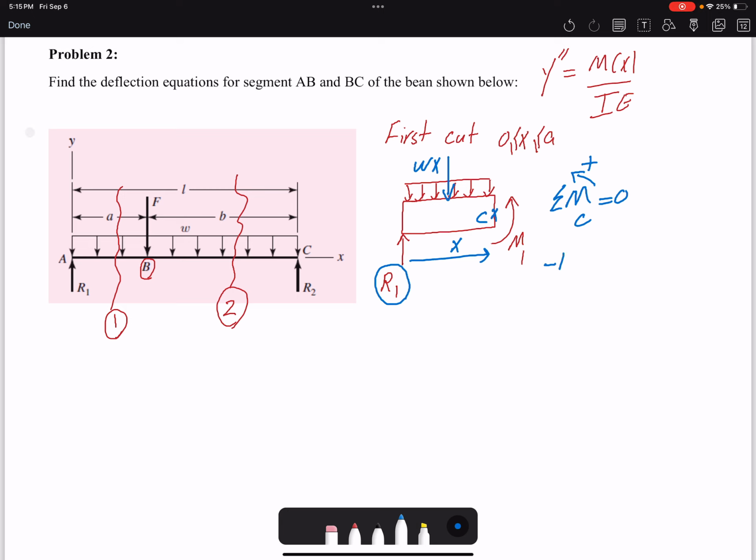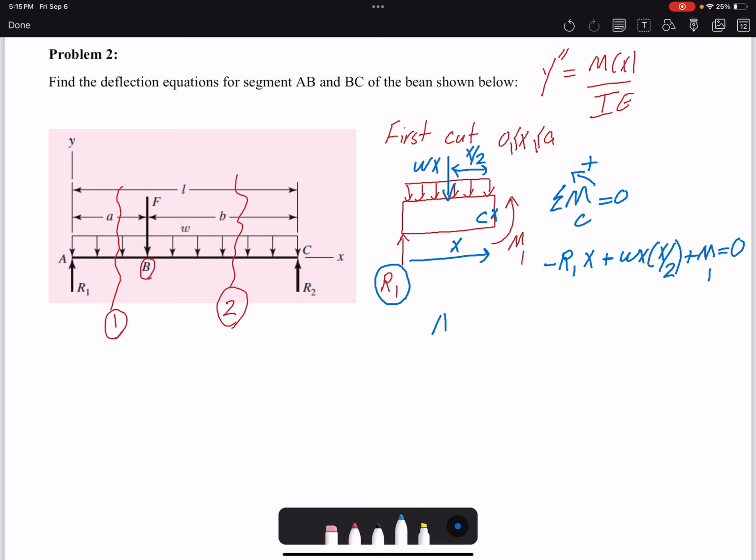I will write negative R1 x, plus wx is creating a positive moment because it's counterclockwise, and the moment arm is x over 2, so positive wx times x over 2, and our moment itself, which we drew counterclockwise, so it would be plus M1 equals 0.